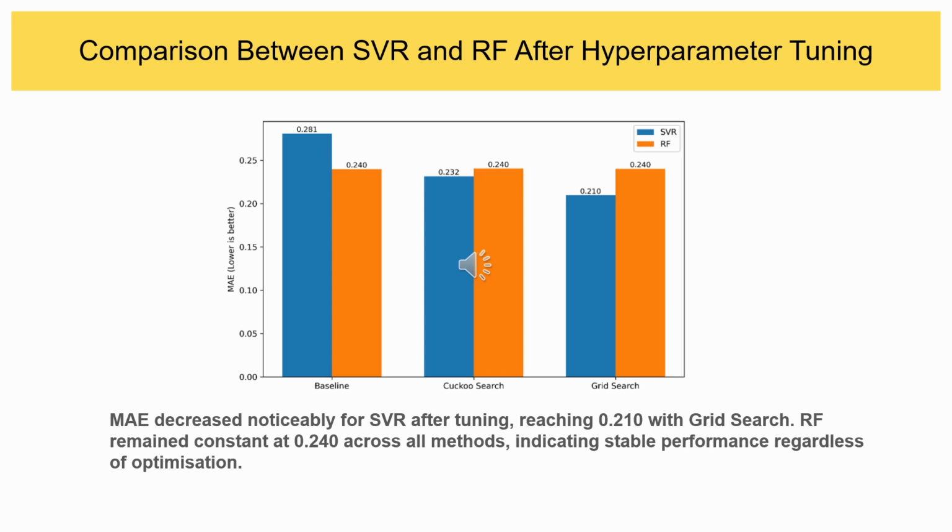RF is, we can say, the same. And also with the grid search, SVR is affected more by grid search. Therefore, SVR is enhanced with both Cuckoo search and grid search, and it is affected more than RF.